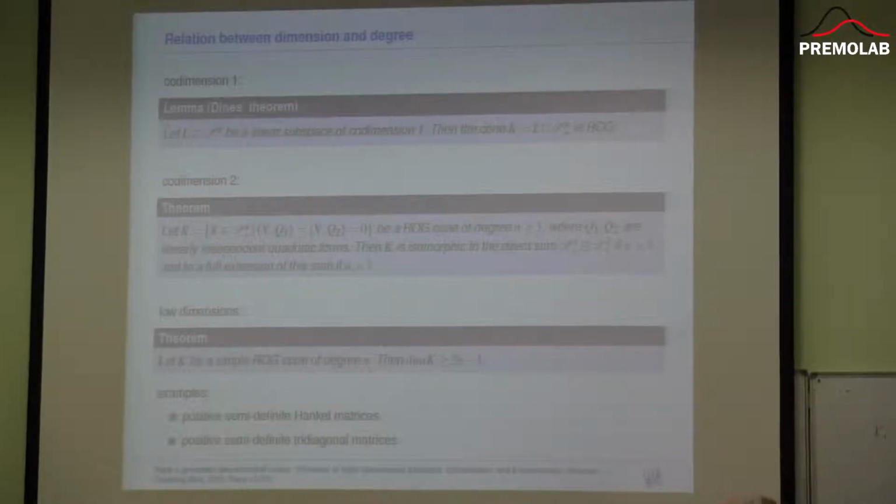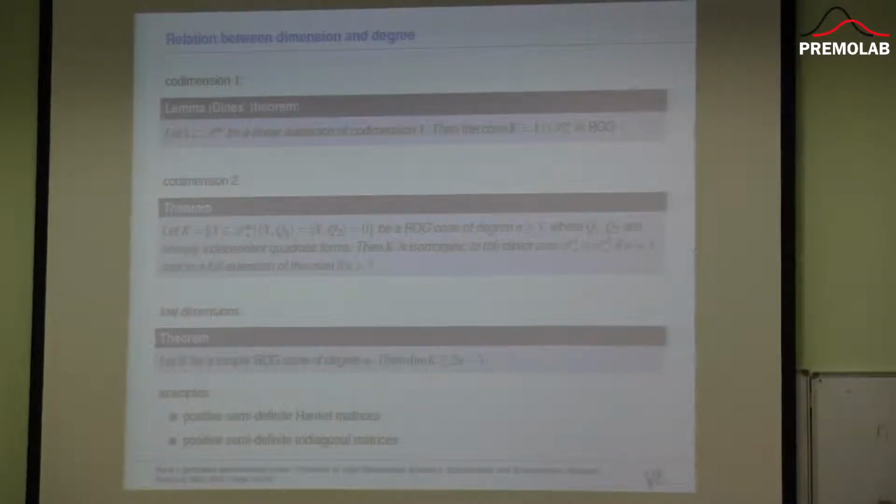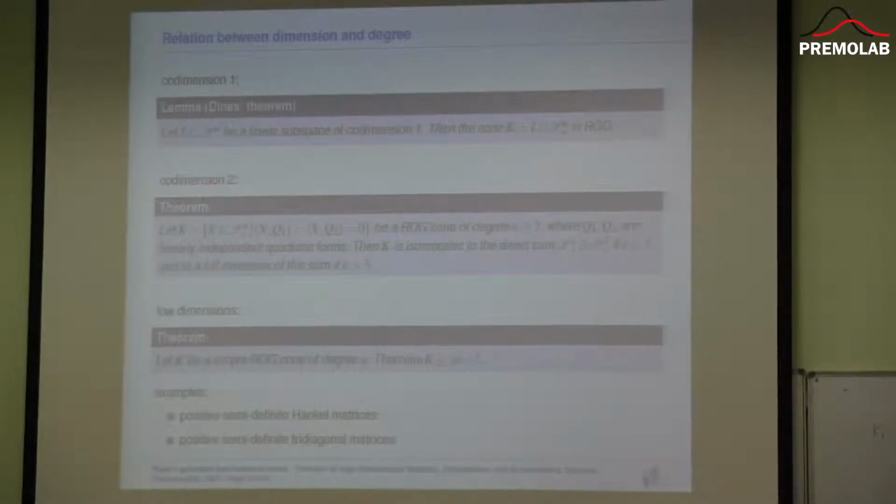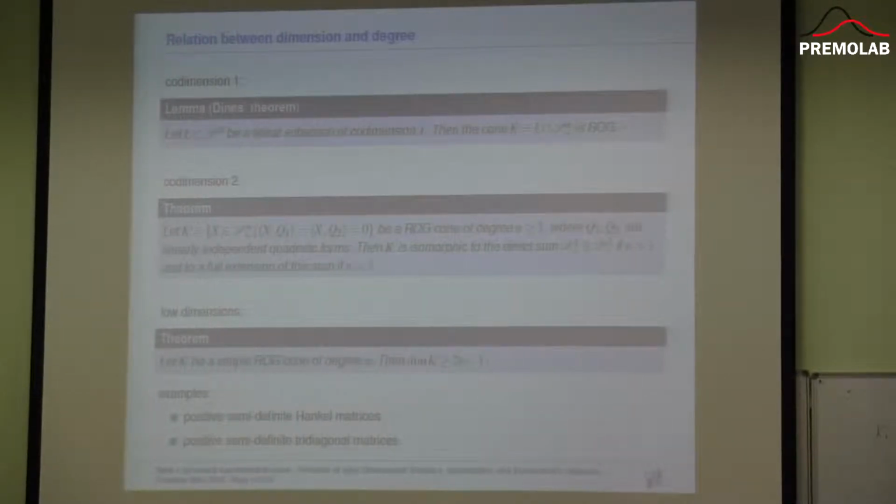Okay, so if we consider the relation between the dimension of the cone and the degree, we can construct other subclasses of such cones. So for instance, by Dinier's theorem, we know that any general spectrahedral cone which has codimension 1 must be rank 1 generated.